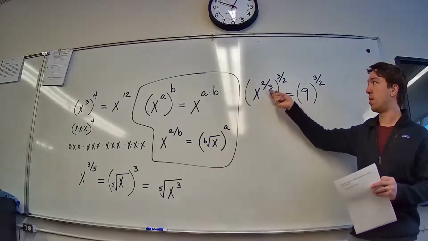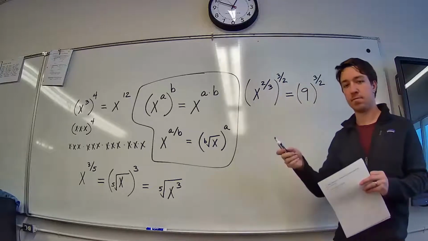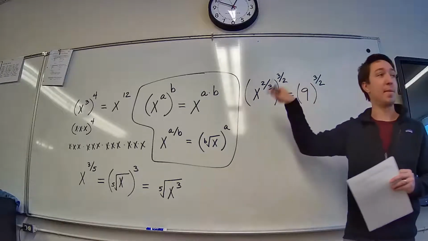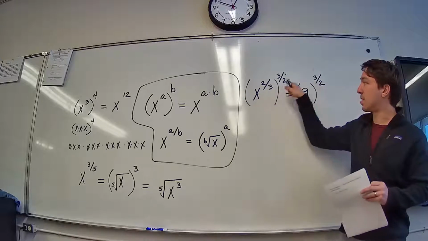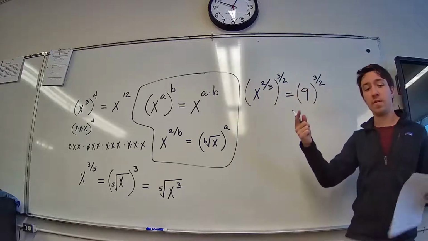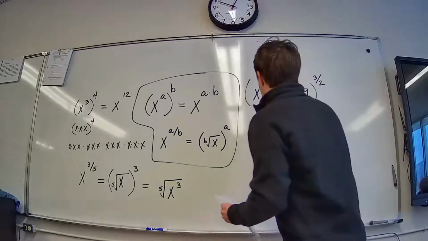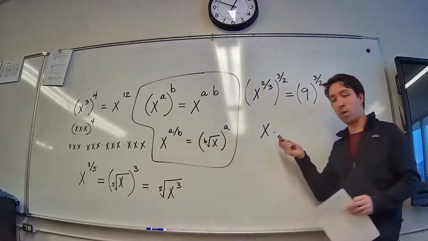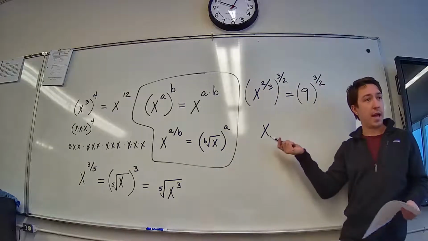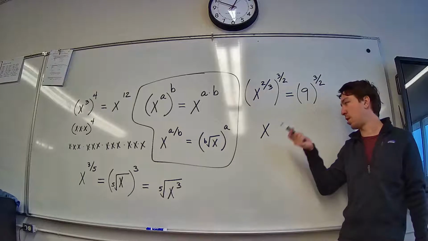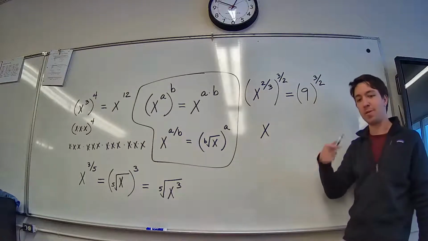Well, what's 2/3 multiplied by 3/2? That's 1, and so what you have left over is x to the 1 power. That's kind of what your goal is when you're solving an equation, to just get a simple x by itself. Nothing multiplied by it, nothing dividing it, no power.